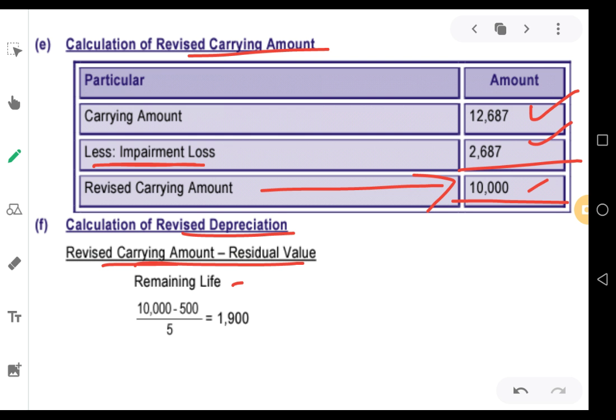That is 10,000 minus residual value, that is scrap or salvage, which is same, there is no change in that. So 10,000 minus 500 divided by remaining life. Remaining life means the total life of the asset is 8 years.